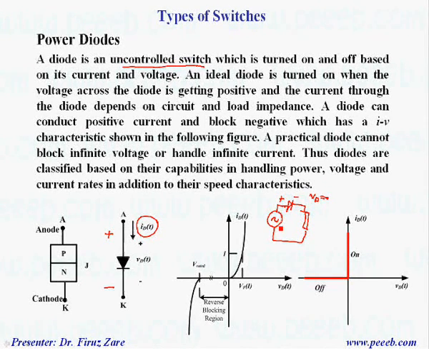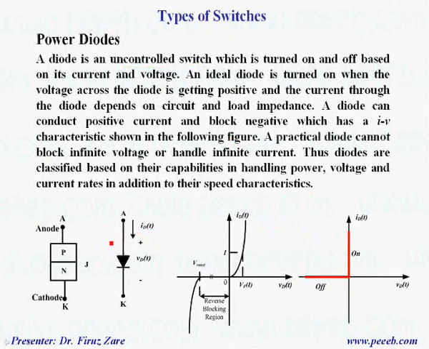So in this case, the input voltage appears across the load. If the load is resistive, the load impedance defines the current through the diode. When the voltage across the diode is getting negative, the diode blocks, that means in this region the current through the diode is almost zero, or leakage current.